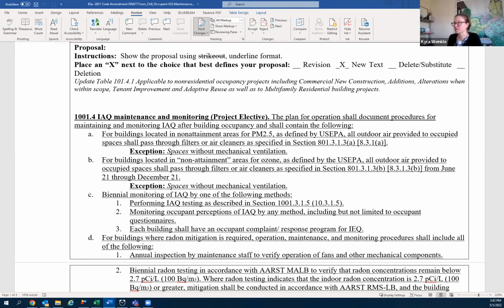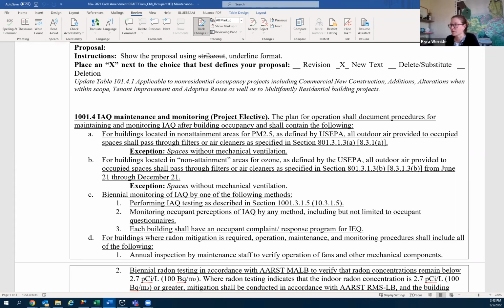Okay. So since it's yours, do you want to give us a summary? Yeah, so 85A has to do with indoor air quality maintenance and monitoring. As we discussed earlier, we will put that project elective language aside for the moment. This was pulled from the IGCC 2021 and then slightly adjusted for Denver, and it provides requirements for operational plans around outdoor air quality monitoring and filtration when levels of PM 2.5 and ozone reach regulatory limits outside.